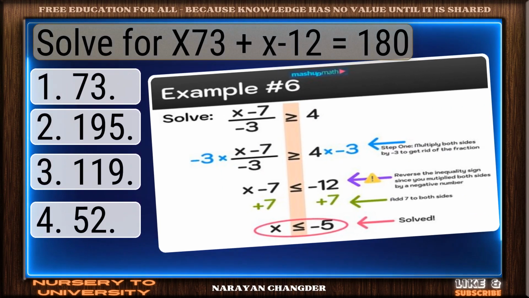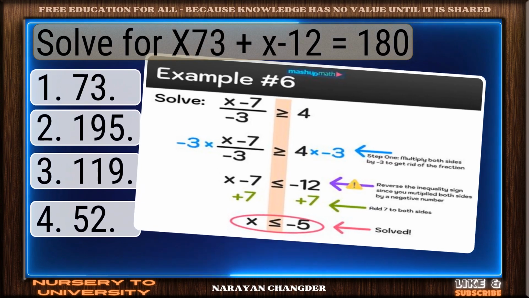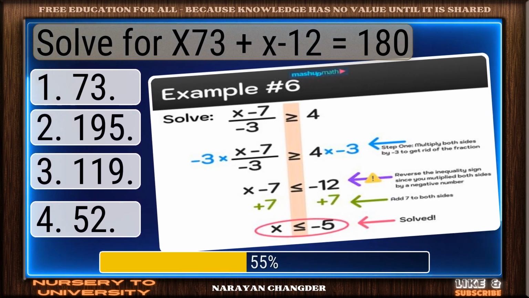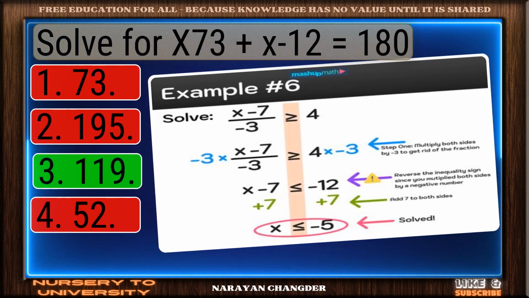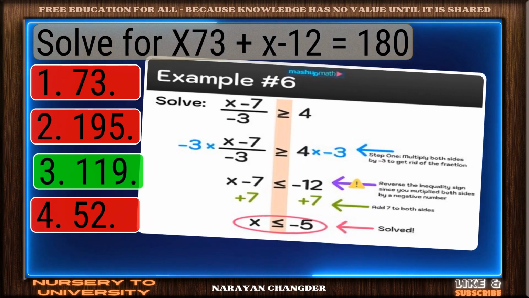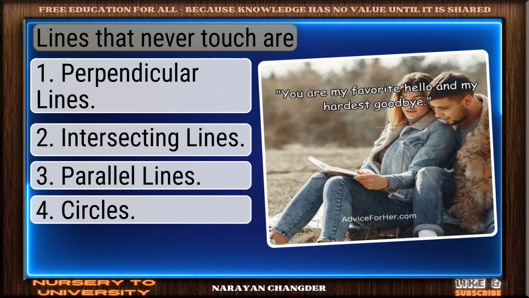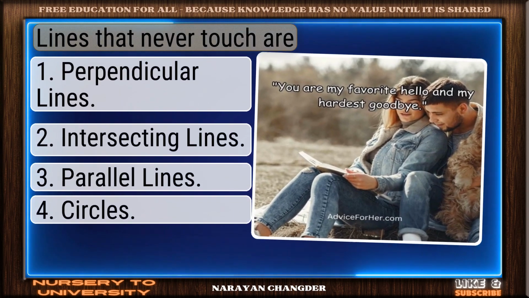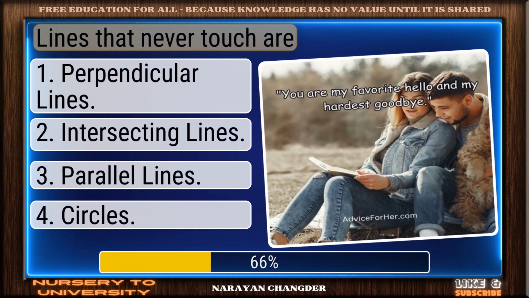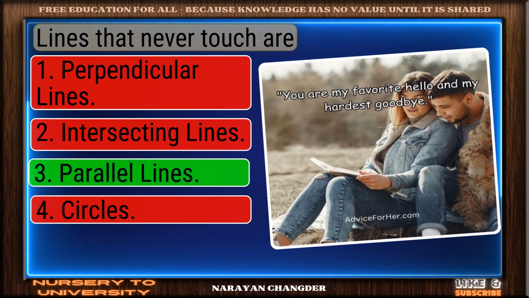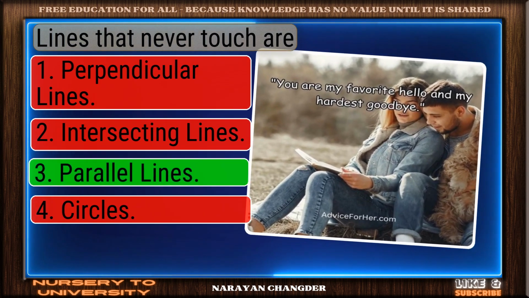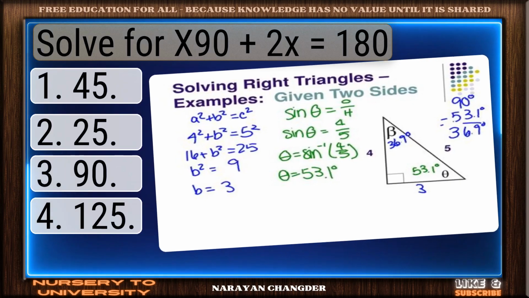Question number 287. Solve for x: x plus 73 plus x plus 12 equal to 180. Strong choice. 119 is the right answer. Question number 288. Lines that never touch are. You're right. Parallel lines is the correct answer. Question number 289.